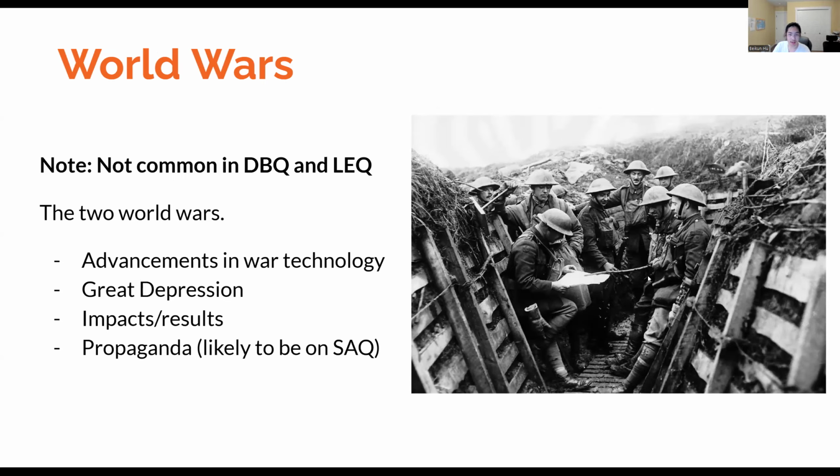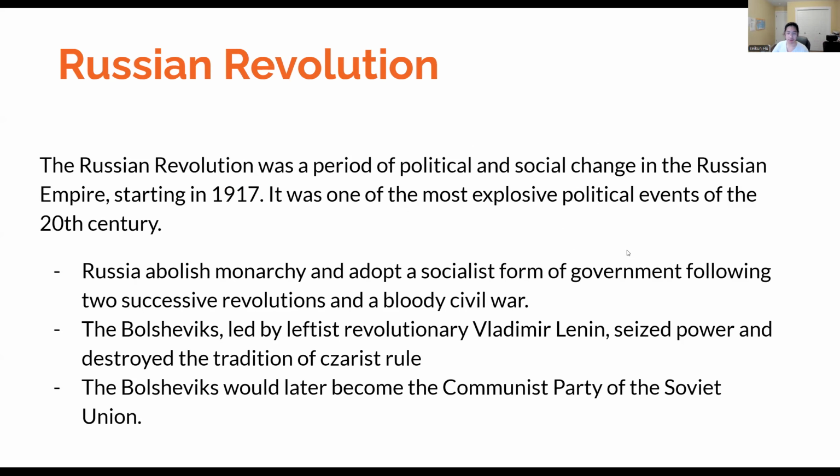So we're going to go to that. The Russian Revolution is a very, very key thing to know about. It was basically the period of political and social change in the Russian Empire. Remember the Russian Empire we talked about, all the way from Peter the Great and Ivan the Terrible, and now it's time to end it because the empire was now super weak and the people rose up.